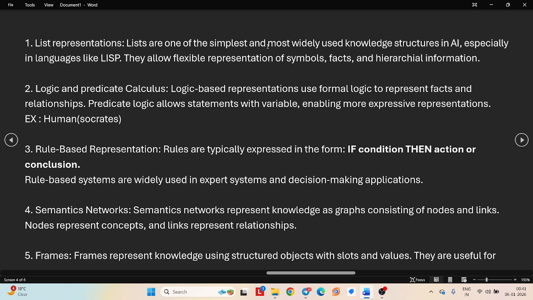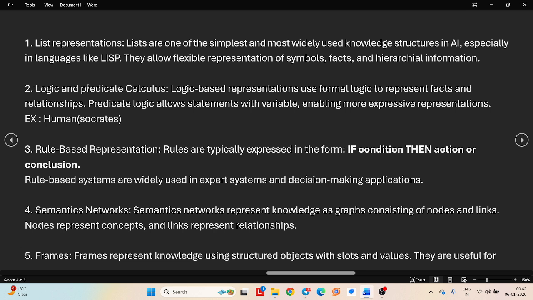Lists are one of the simplest and most widely used knowledge structures in AI, especially in languages like LISP. They allow flexible representation of symbols, facts and hierarchical information.